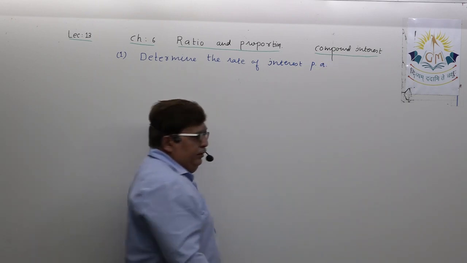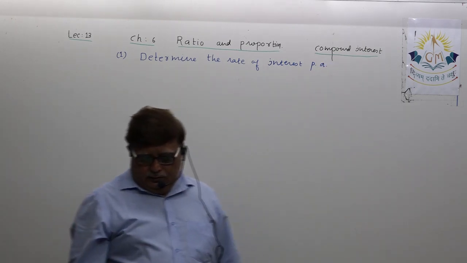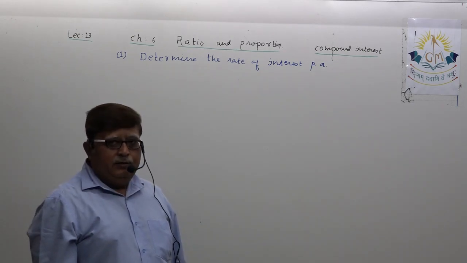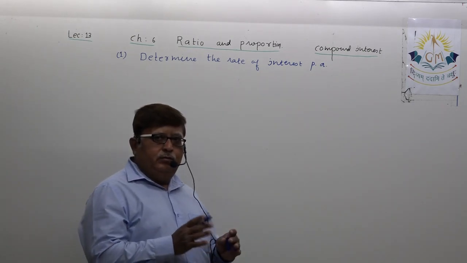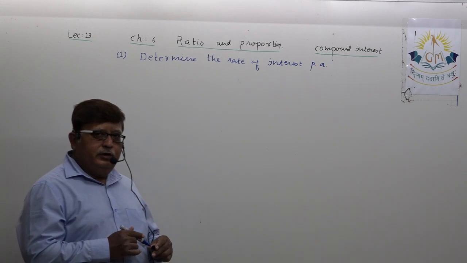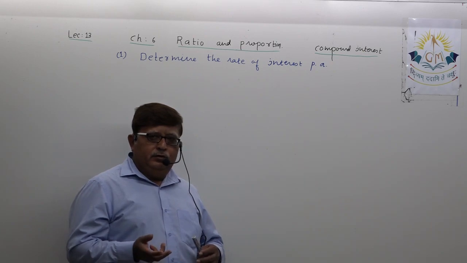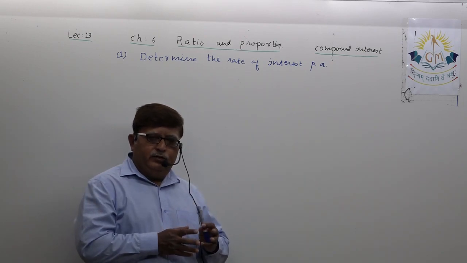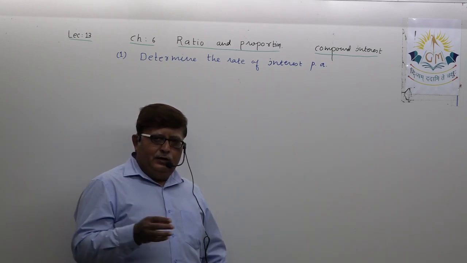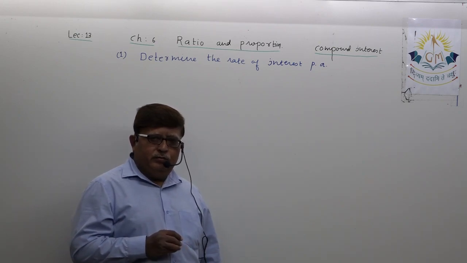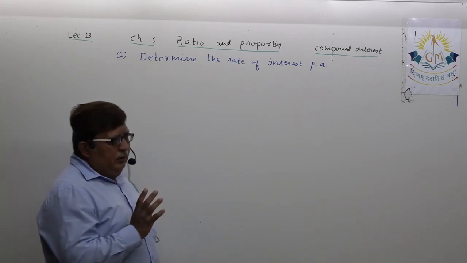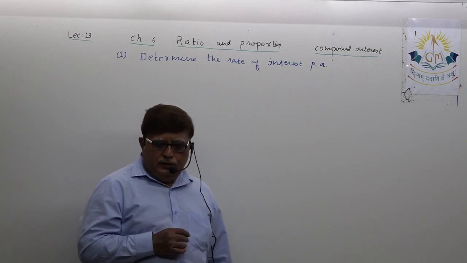Means annual, dear student, you know. And rate of interest no doubt are modified as per the demand, either quarterly, half yearly, or annually. That is, minor modification is required as per the data of the sum, but basic is it is always per annum.